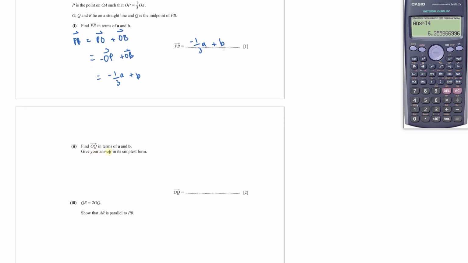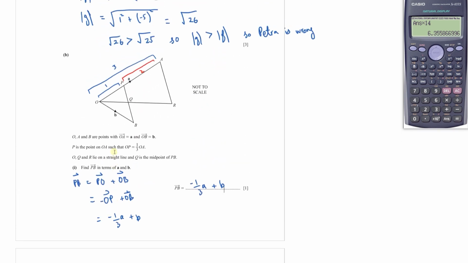Part 2 is find OQ in terms of a and b. So OQ is this vector here. So we know that OP is 1 by 3 times this vector a. And then we know that PB is this, and we are given Q is the midpoint.